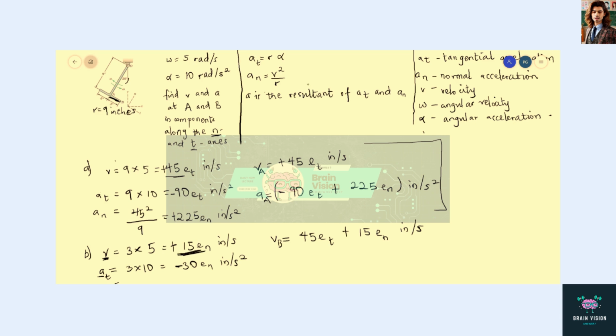So that is 15 squared over the radius, which is 3. Let me calculate this, and we get 75.